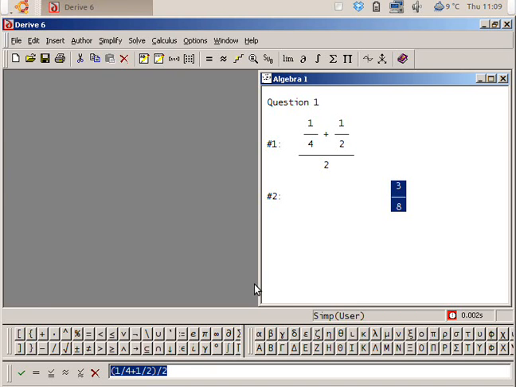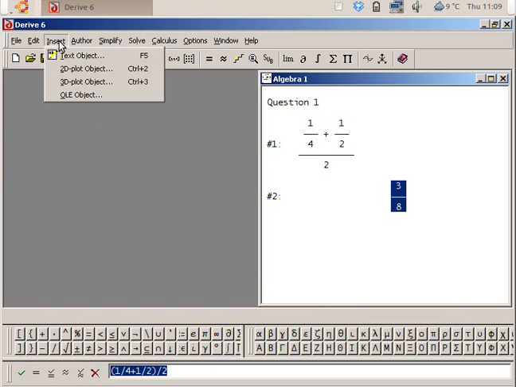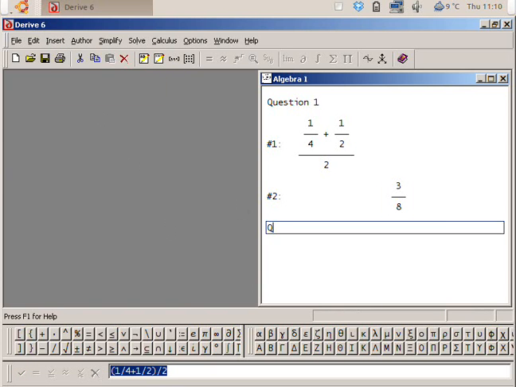Okay, question 2. Insert text object, question 2. How do we make pi? Plus E, how do I make that one?